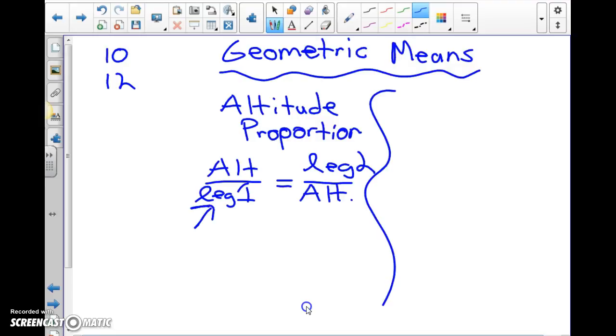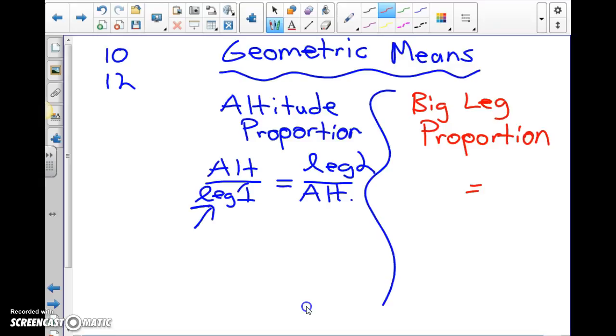Okay? The next one I'm going to do in red is what we call the big leg proportion. The reason I call it that is because it involves the two big legs of the large right triangle. And for this, I just ignore that altitude and forget it's even there.